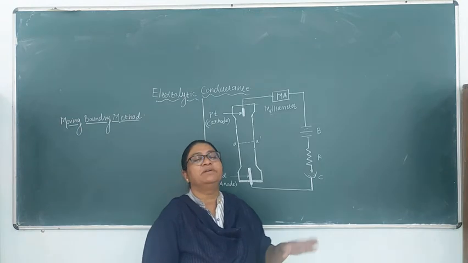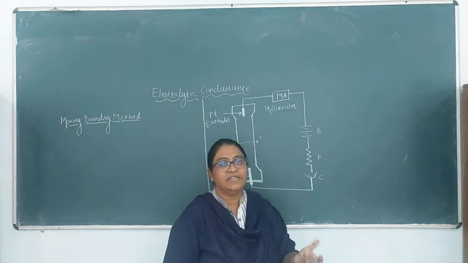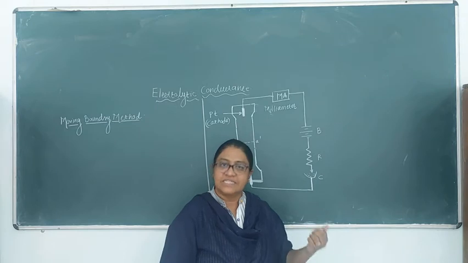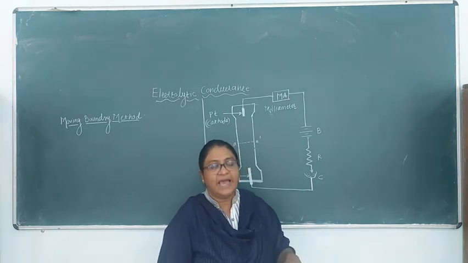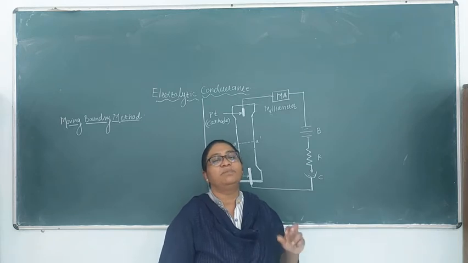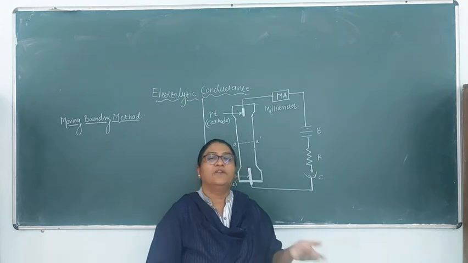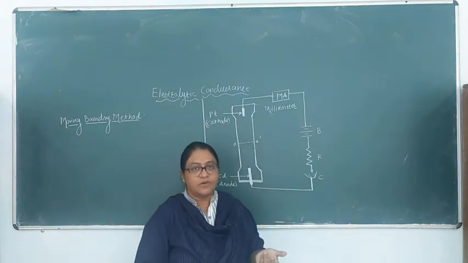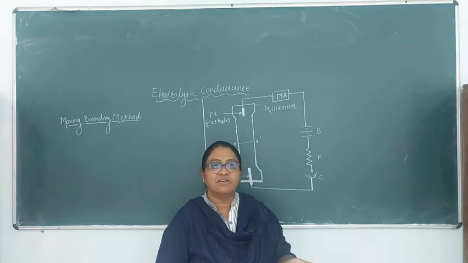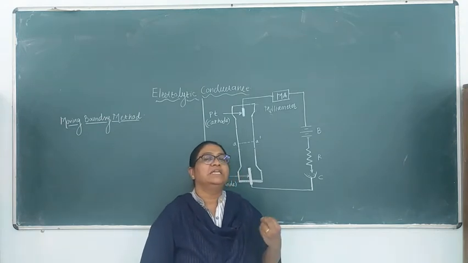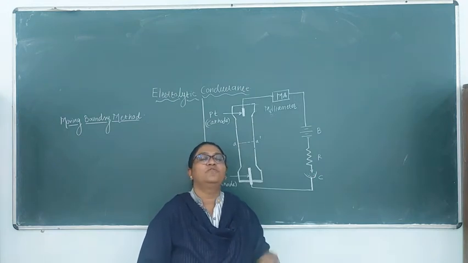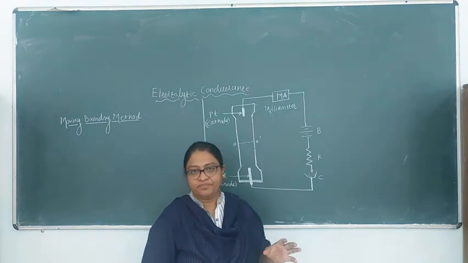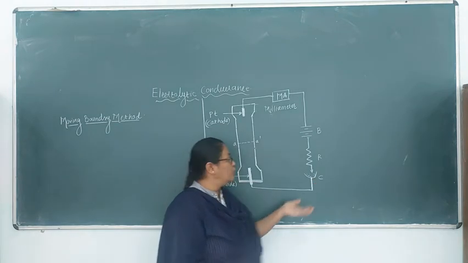Once the experiment is complete, the solution is discarded and the platinum dish is weighed again. The increase in the weight of the dish gives the amount of silver deposited, and from that the equivalents of silver can be calculated. The equivalents of silver deposited is equal to the amount of electricity passed through the circuit. So this is the use of the coulometer.